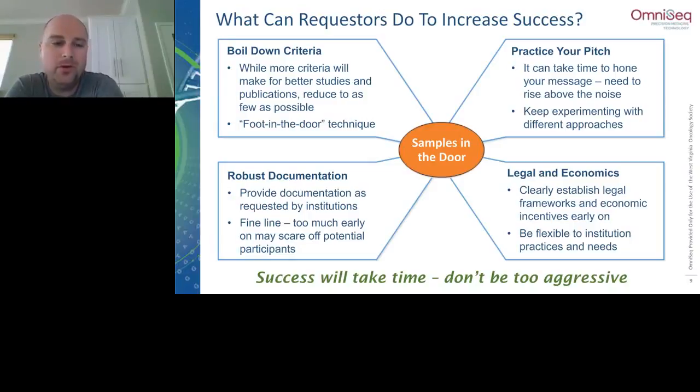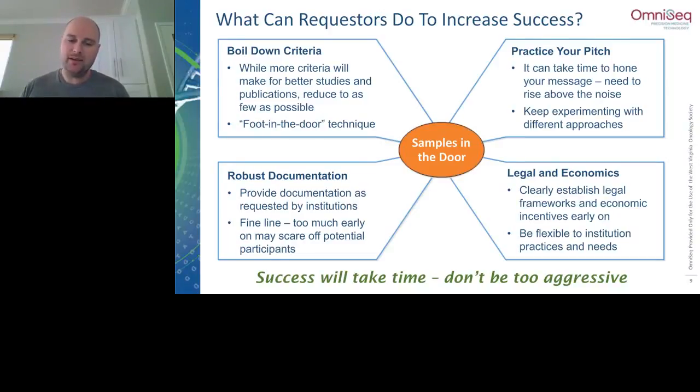And so in this bullet, it really helps to think through all of the documentation that an institution could request from you before you have that conversation, so that immediately following a teleconference, you can send them a document with everything that they've requested already laid out.